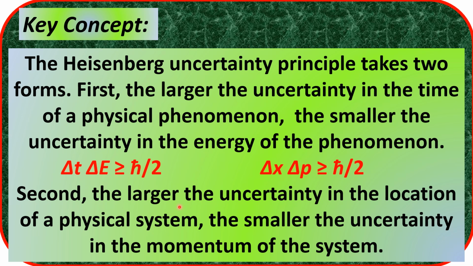And the second form states that the larger the uncertainty in the location of a physical system, the smaller the uncertainty in the momentum of the system, which is also summarized in this simple relation: delta x times delta p is equal to or greater than h bar over 2.